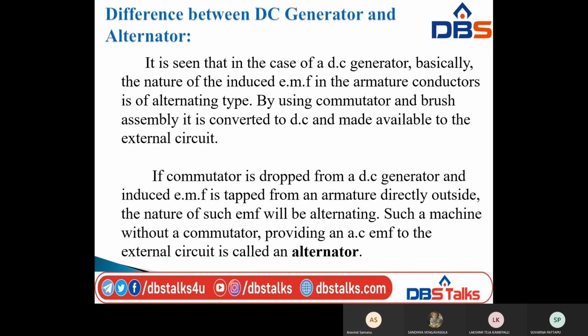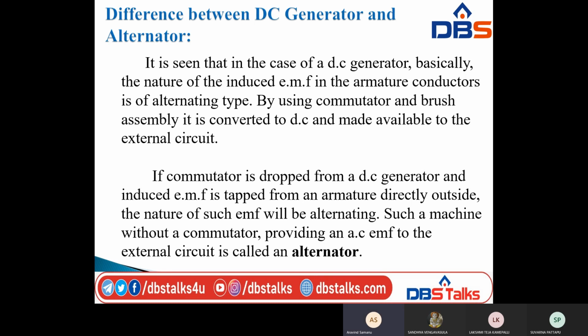Here I am telling the difference between a DC generator and an alternator. In the DC generator, the nature of the induced EMF in the armature conductors is alternating, that is AC type.